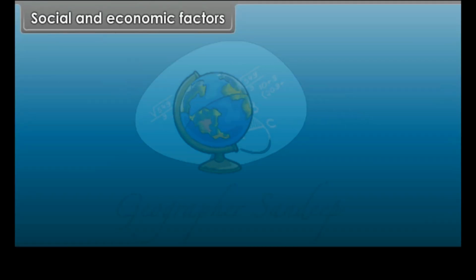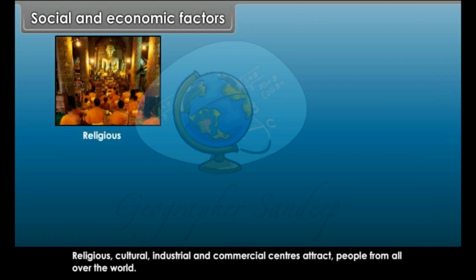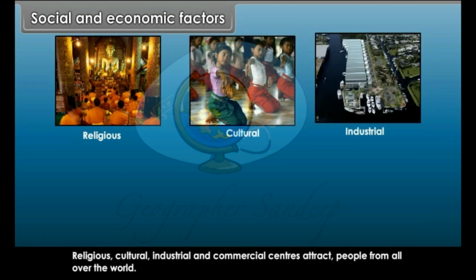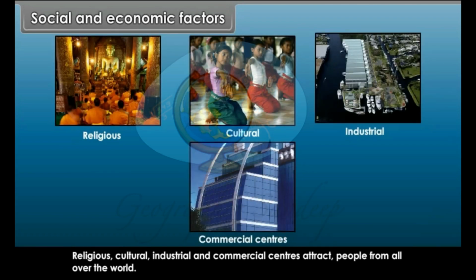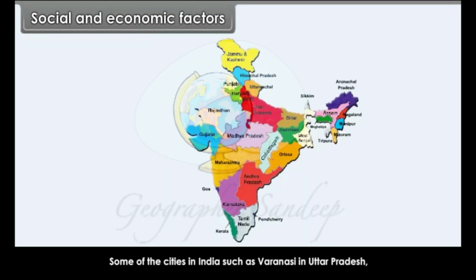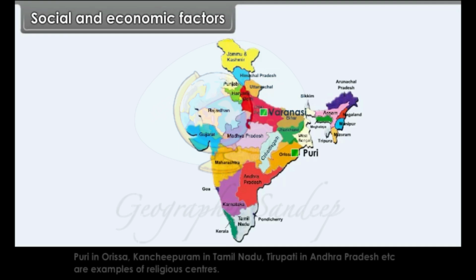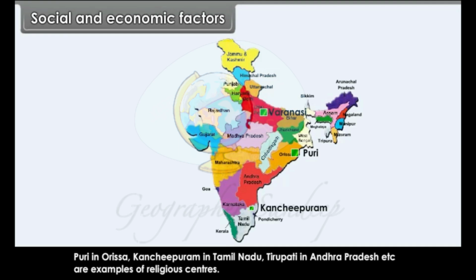Social and economic factors. Religious, cultural, industrial and commercial centers attract people from all over the world. Some of the cities in India, such as Varanasi in Uttar Pradesh, Puri in Orissa, Kanchipuram in Tamil Nadu, Tirupati in Andhra Pradesh, etc. are examples of religious centers.